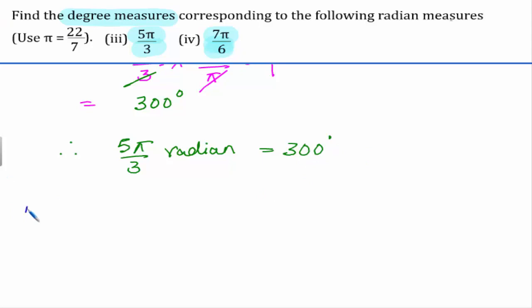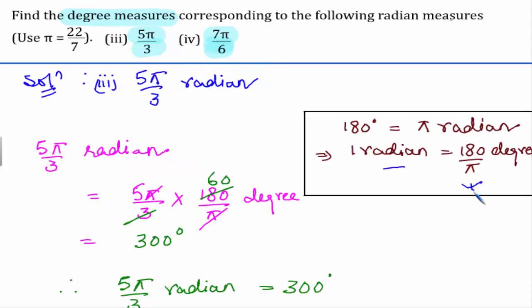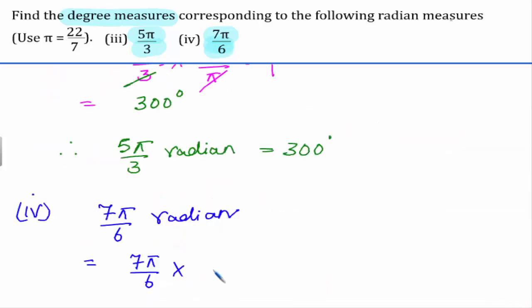Now let us move on to the last part, which is 7 pi upon 6 radian. Now this can be written as 7 pi upon 6 into, now since 1 radian is equal to 180 divided by pi degrees, so this can be written as 7 pi upon 6 into 180 divided by pi degree.